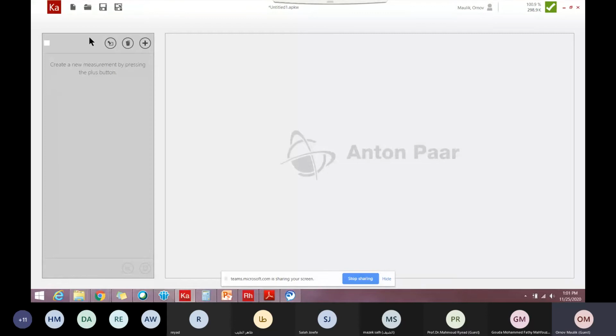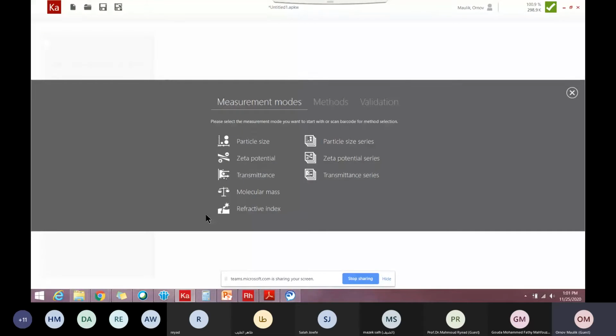And then in order to measure something, you only need to click on this positive sign. You can see various parameters that you can measure from this instrument: the particle size, zeta potential, transmittance, molecular mass, as well as refractive index.